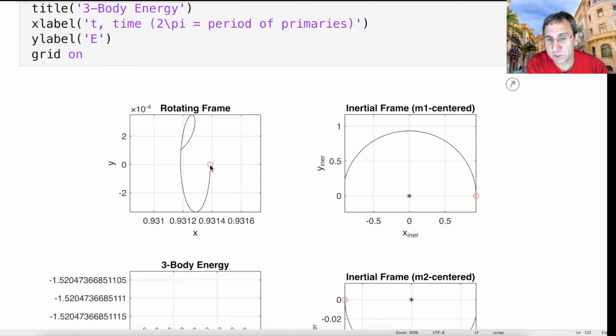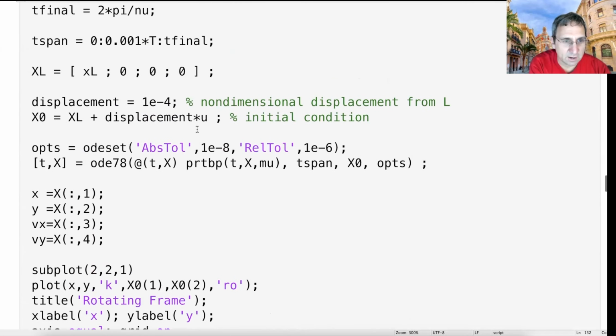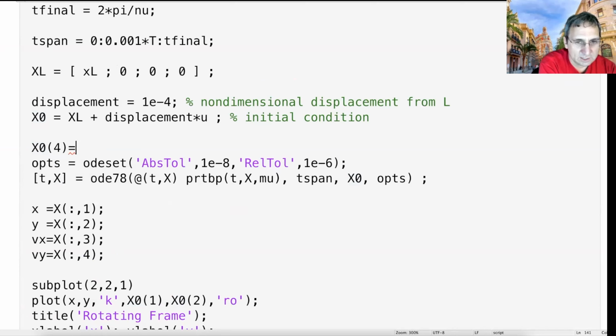Basically, all you'd have to do is, in this case, just change the y velocity. As you adjust the y velocity, you'll see this endpoint kind of drift around a little bit. I could even try that here. This is what I'll do, XO4, that's the y velocity, and I'll just increase it by 1%. So I multiply it.